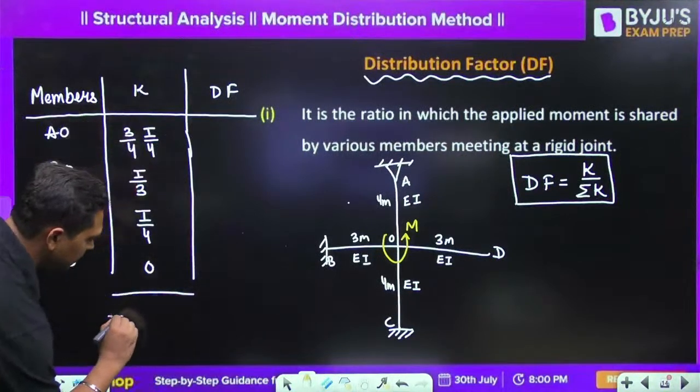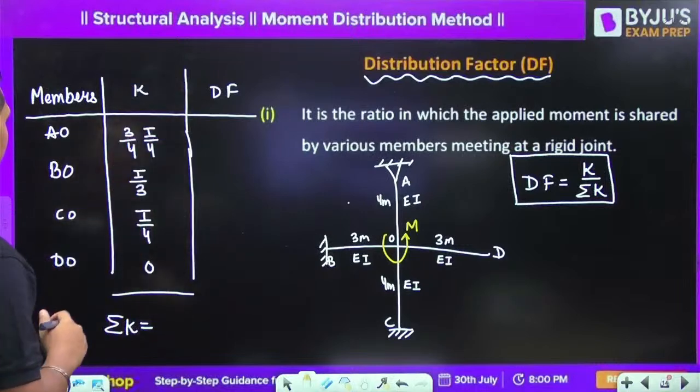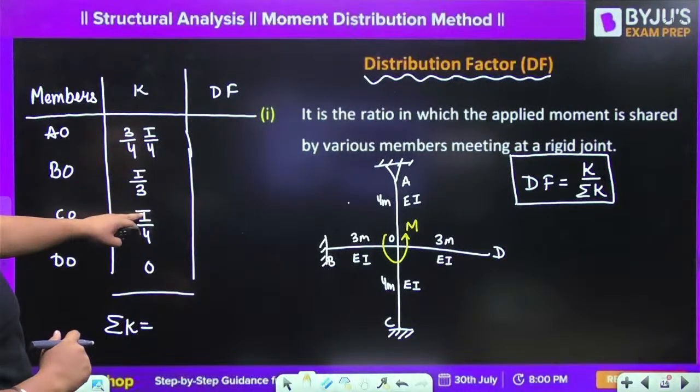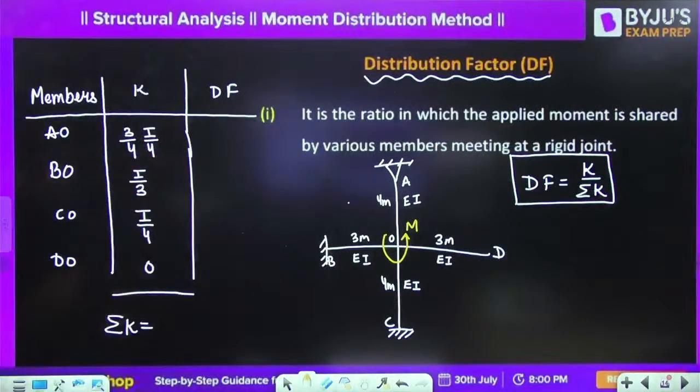And what is the value of summation of all this? If you do the addition of all these, it will come out to be equal to 4 by 3. So let me do the calculation, you can calculate side by side. Tell me what is the final value you are getting over here.